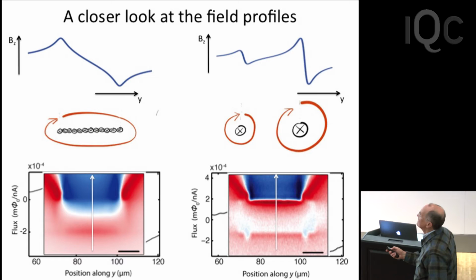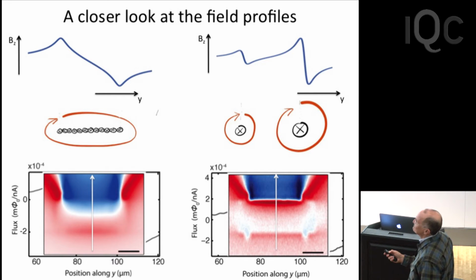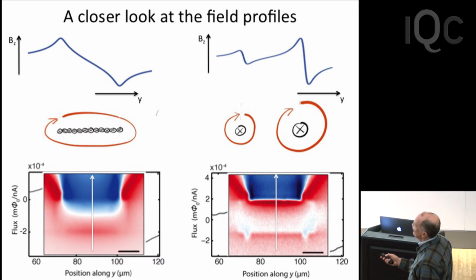In one case, when the Fermi level is either in the conduction band or the valence band, then you can think of the transport going along an array of wires, and you get a fairly diffuse distribution of fields. If, on the other hand, the conduction is being carried by the edges, you can think of that as being two wires, and then you get sharp peaks and overshoots at the edges.